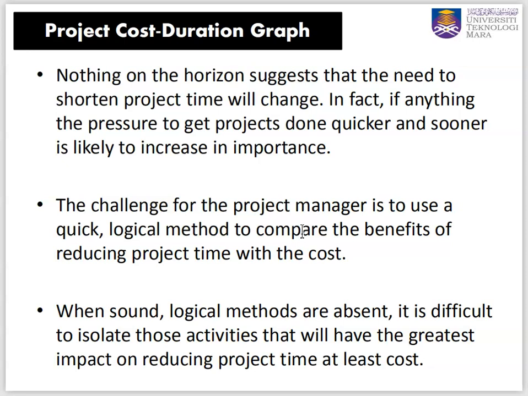The project manager has to find the optimized cost and duration so that we don't go so low on the duration that the cost increases too high, or go so low on the cost that the duration increases. So there will be a project cost duration graph as a reference.